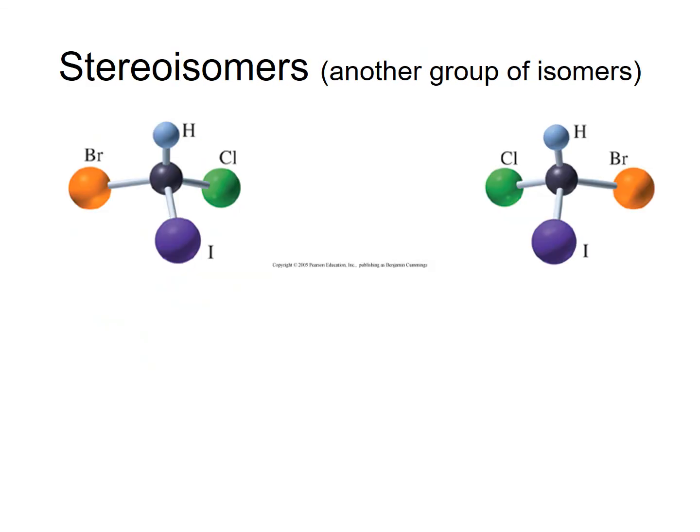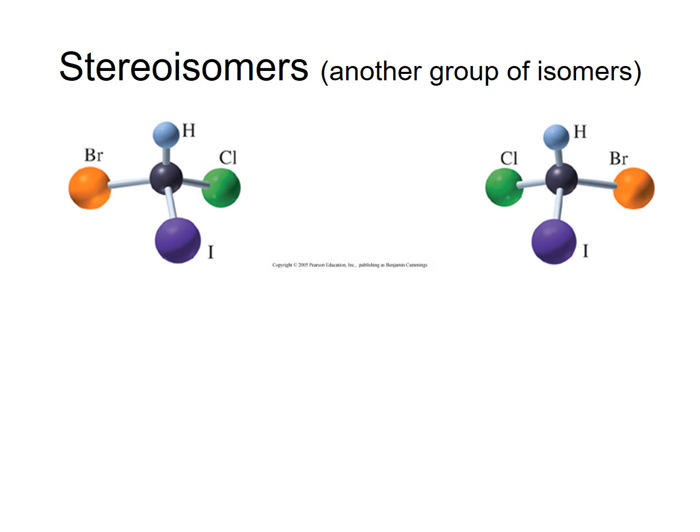Another kind of stereoisomer is something called chirality. Looking at these 2 molecules, you have a carbon bonded to hydrogen, chlorine, iodine, and bromine in both cases. So we have the same connectivity, but if you tried to put these 2 molecules on top of each other, you would find they're not superimposable.